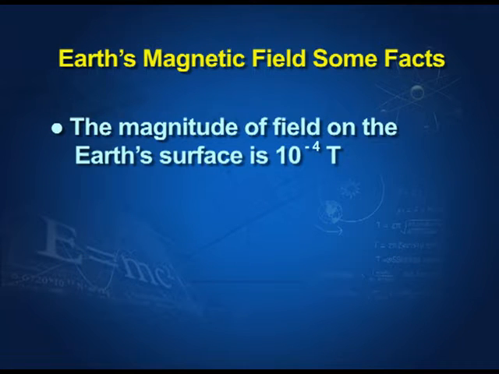Also, on the surface of the Earth the magnetic field is around 10 to the power minus 4 Tesla.